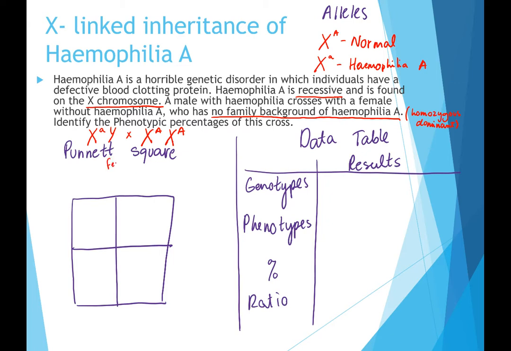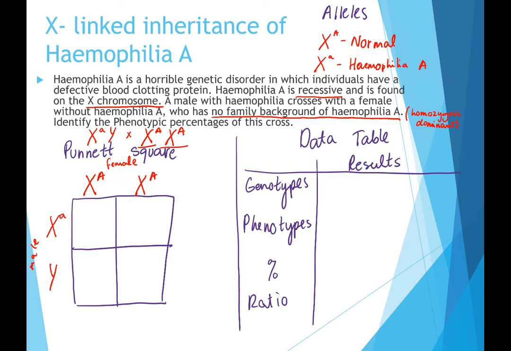So the female. What are the possible gametes out of here? So we've just got the two X big A's. So X big A, X big A, and then let's do the male on this side here. You don't have to write male, female, just doing it so we can see it. X little a and Y.